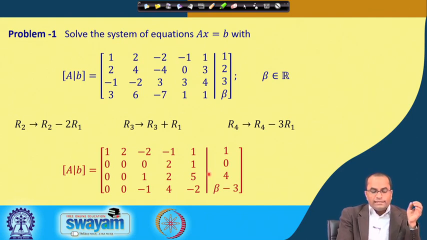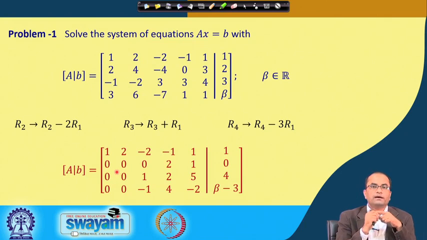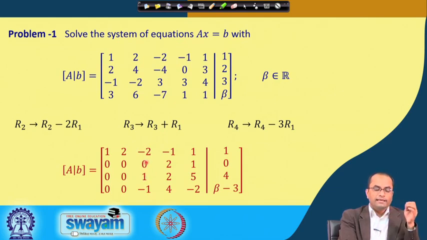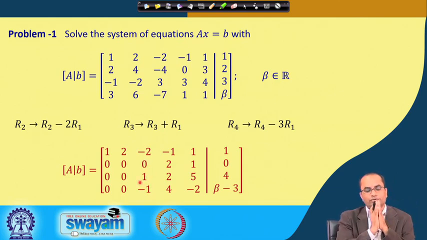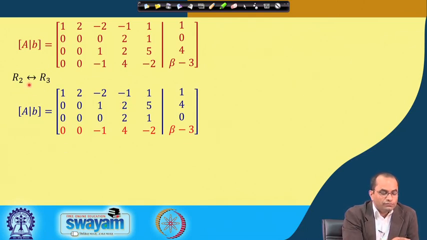Now what we realize here is that if we interchange the two equations, R2 and R3, we will already get a 0 at this place, and then we can set the other one also 0 to have this R3 0. So, looking at this, we will interchange these two rows, R2 and R3. Now we will have this structure automatically without much effort. We have now 1 here, and the aim is to make everything 0 below it.